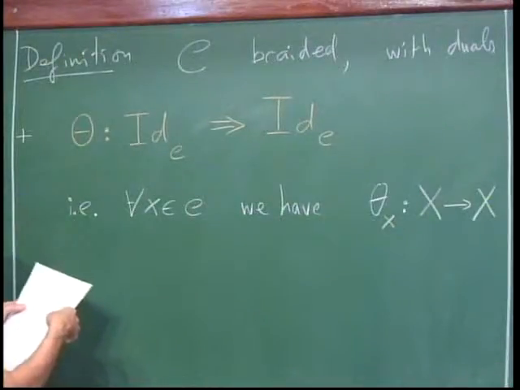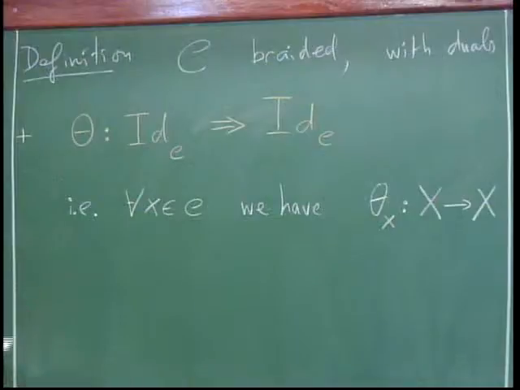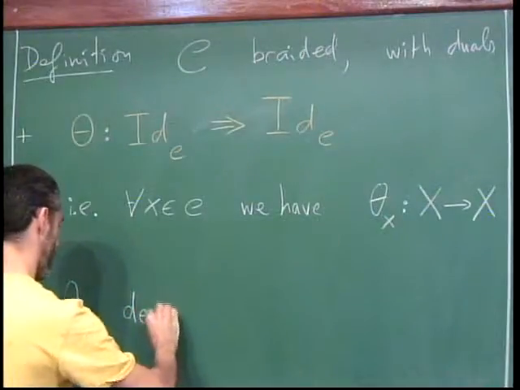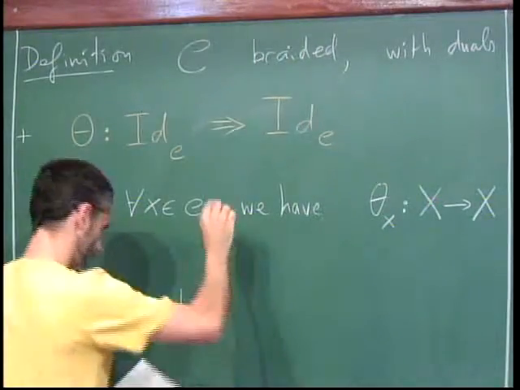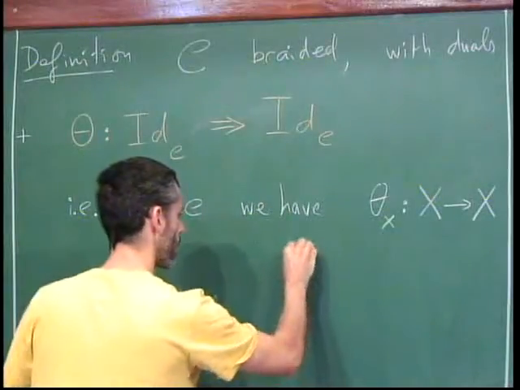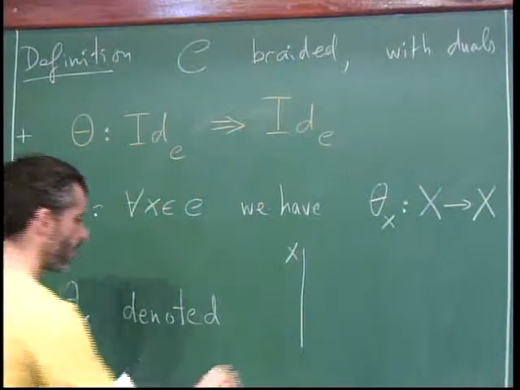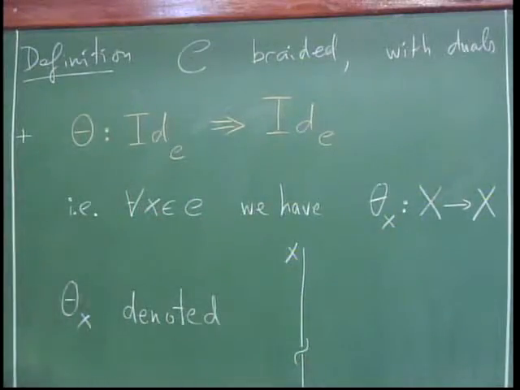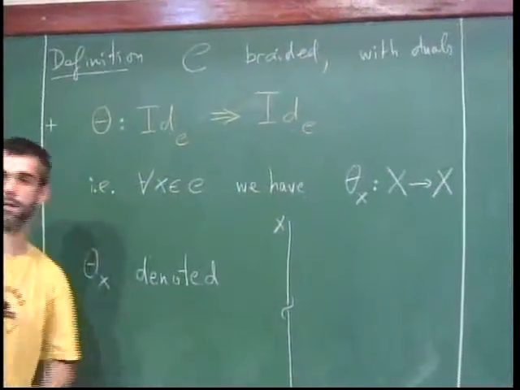So in order to list the axioms, I'm going to use a graphical notation. If this strand corresponds to the object X, I'm going to put a little squiggle here in between.